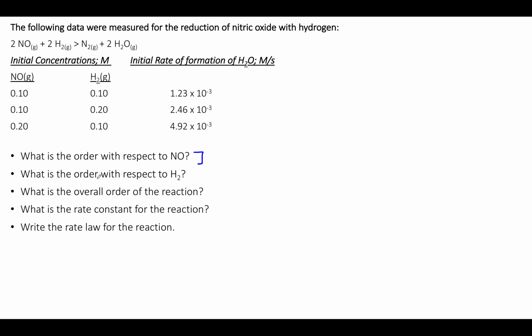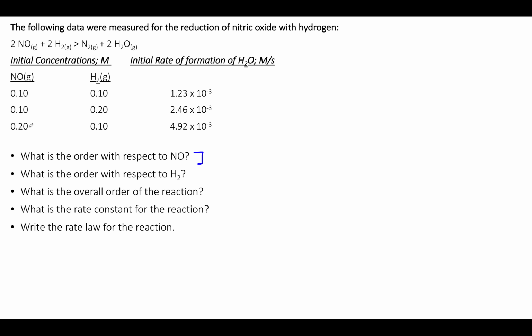When you're looking at the order with respect to nitric oxide or hydrogen gas, you're not going to want to use the data points where the concentrations are equal, because that's just going to give you 1, and that's not accurate. So you want to use the data where the initial concentrations are different.